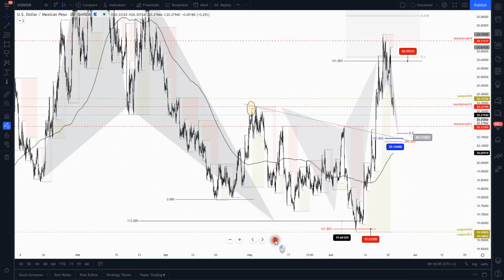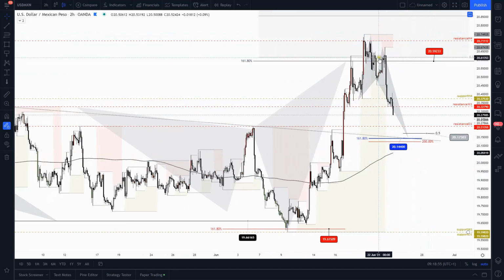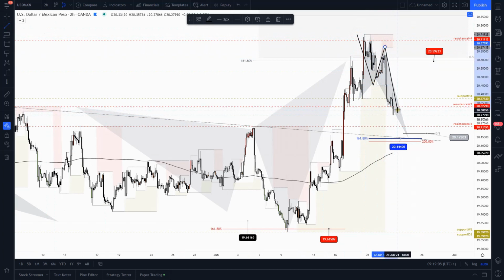Very similar, actually, as you can see, to all of those pairs that I showed you until now with a three-wave structure, and this one looks like a nice third wave sequence. So eventually we may see, this is the third wave which is extending, and we may see something like a five-wave structure down for the Mexican peso.